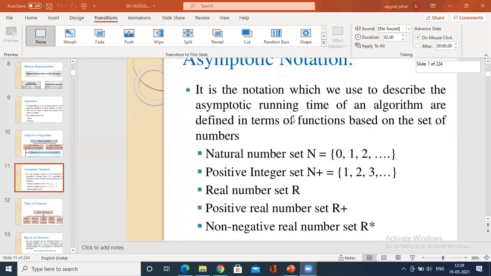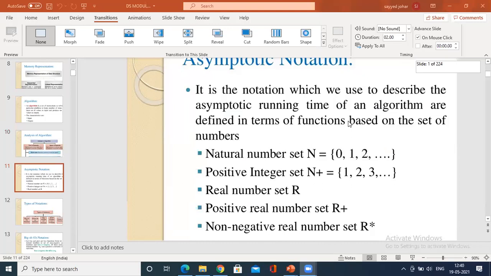Asymptotic notation is a notation which we use to describe the asymptotic running time of an algorithm. So what is that asymptotic running? In simple language, if I ask you to measure the efficiency of an algorithm or a program, you come across two aspects.